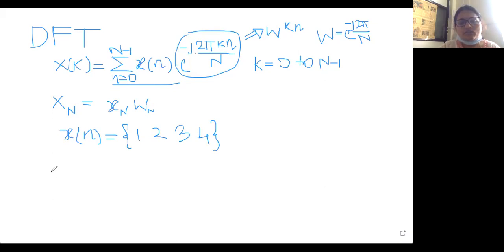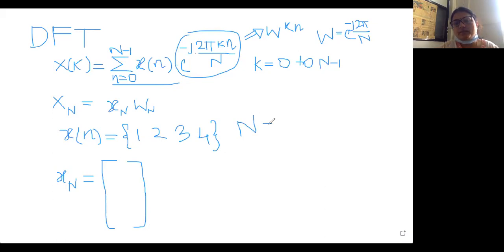First, we represented the input sequence in matrix form. X of n is represented by an N by 1 matrix. What is capital N in this case? How many total samples are present? 4.